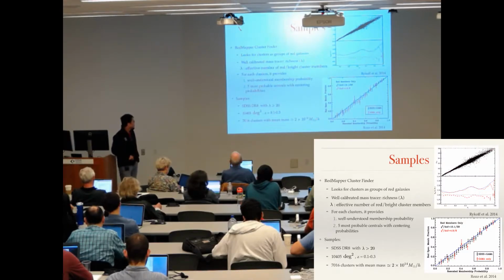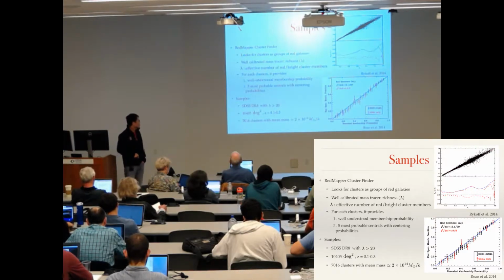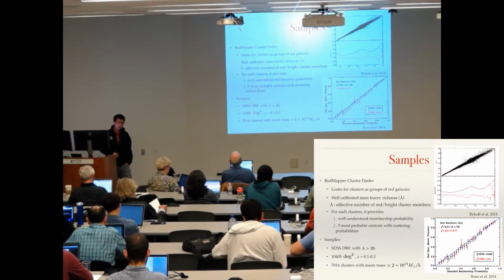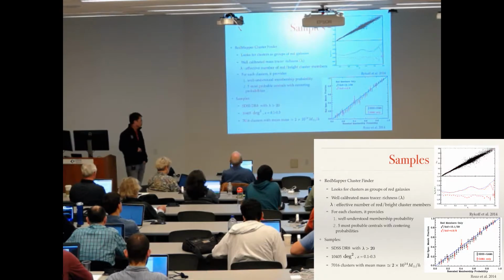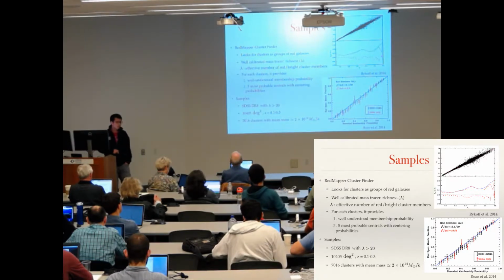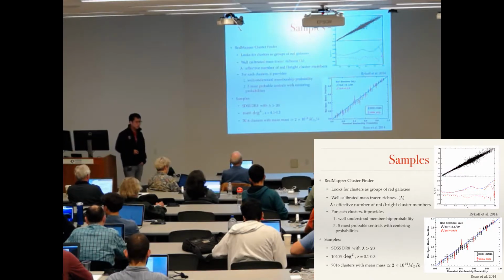The second good thing about this cluster finder is it has a well-calibrated mass tracer called the richness. Essentially, the richness is the effective number of red cluster members with luminosity greater than 0.2 L star.